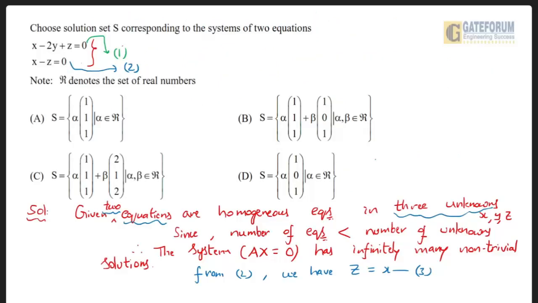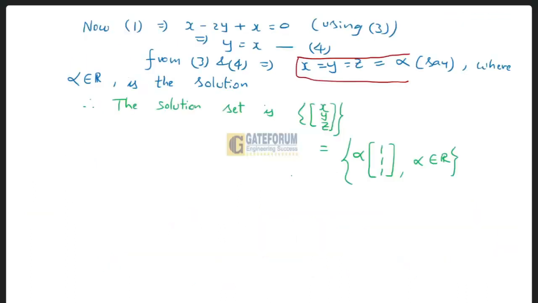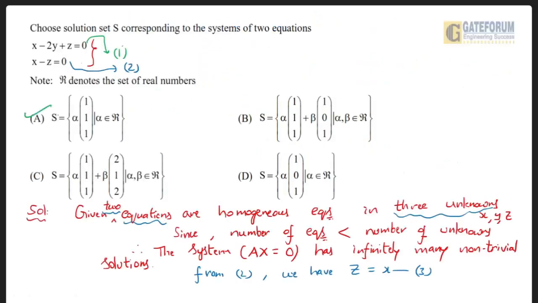Accordingly, the solution set S is equal to the set of all alpha times the column matrix 1, 1, 1, such that alpha belongs to R. In the options it has mentioned the solution set S is equal to this, so finally I can write it like that. Accordingly, the answer is option A. This is the end of the question.